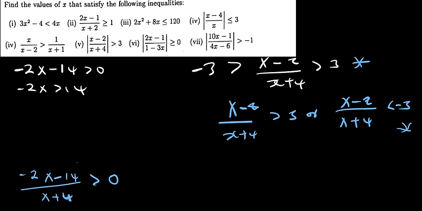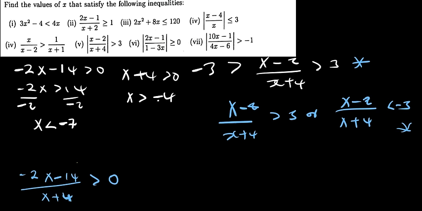I've shifted 14 to the other side. If I divide by negative 2, x will now be less than negative 7. Then the bottom part is going to be negative 4. It's like you have x plus 4 greater than 0, so x will be greater than negative 4.